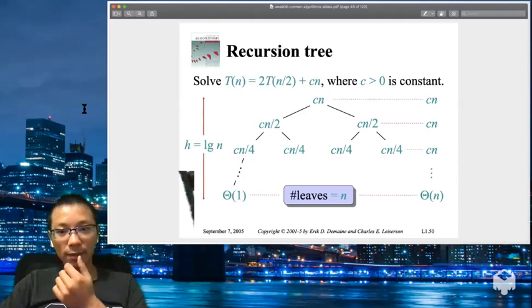So now we know the height is this much. Now remember this Cn is also theta of n, right? Every level is theta of n, and we add them all up. How many levels are there? Log of n, right? So the running time for merge sort is log of n times n.